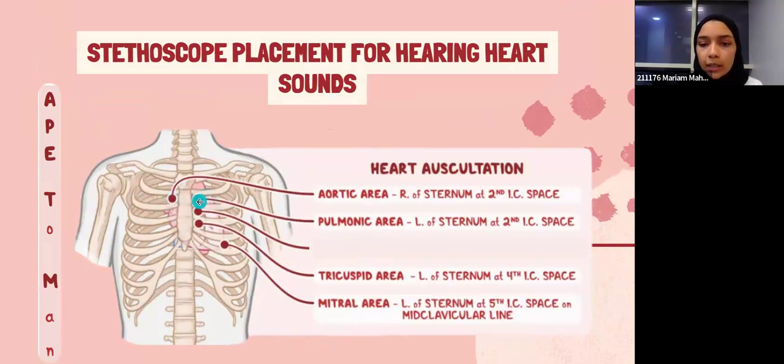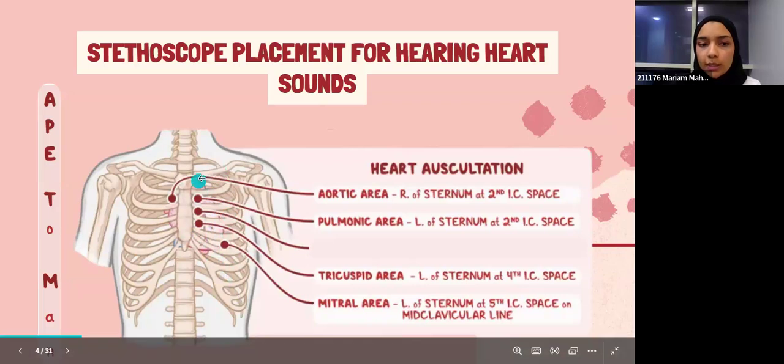And then the pulmonic area is on the left side of the sternum in the second intercostal space. And then the tricuspid valve is on the left side of the sternum in the fourth intercostal space. And the mitral area is on the left side of the sternum, fifth intercostal space in the mid-clavicular line. So if you see the clavicle and its midline, you will find the mitral area.